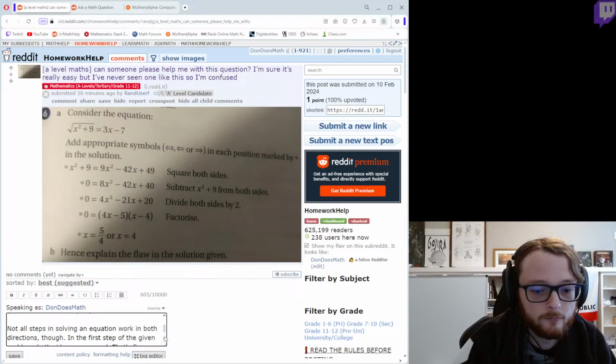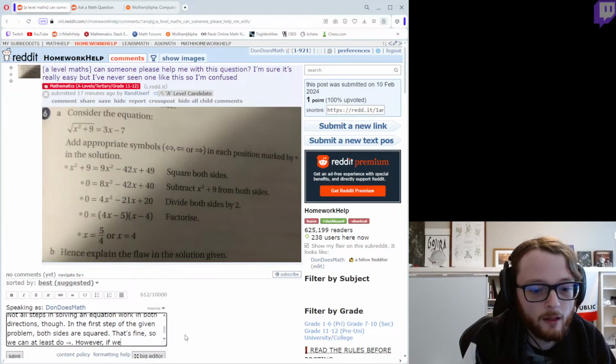However, if we square root, we also need to figure out if we can do the reverse, square rooting each side.